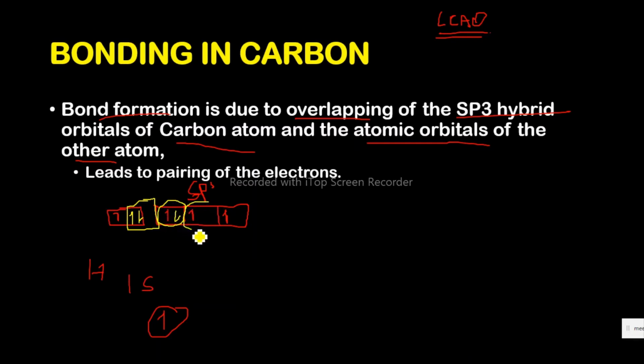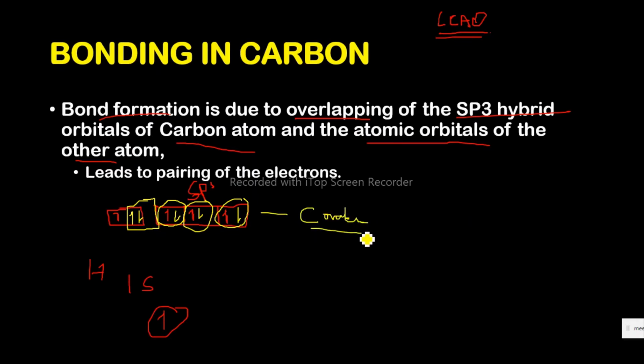Same thing for this one, they also pair up. Also this one, they also pair up. As a result of this orbital overlap, a new force of attraction, which is a bond, is formed. To be specific, it is our covalent bond.